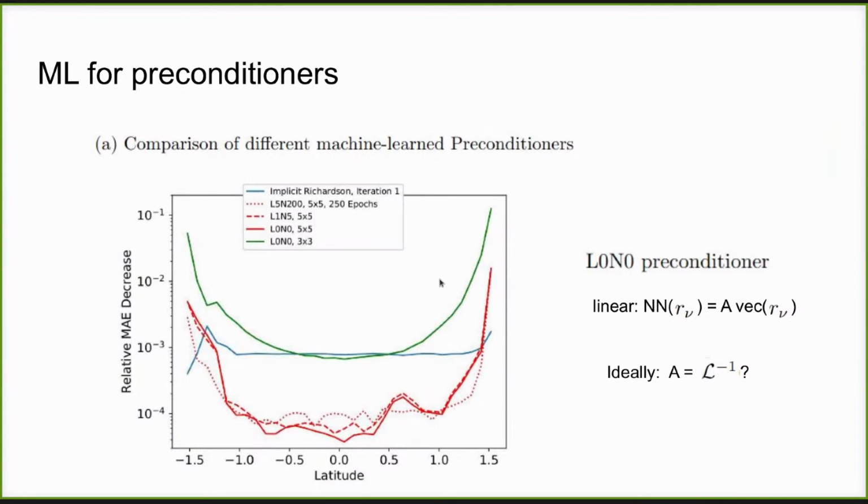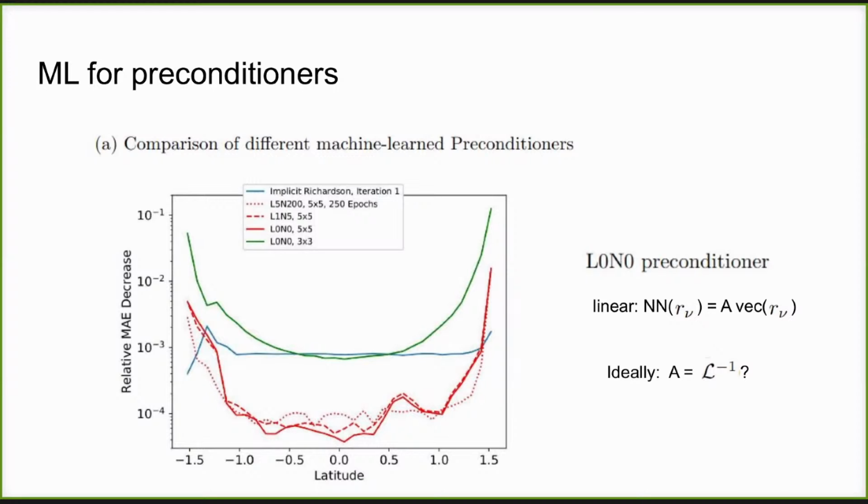And then you will see from the structure of this graph, they actually train different preconditioners for different latitudes of the grid. So this is a latitude-longitude grid, and the closer you get to the poles, the more these grid points converge towards a singular point. So there's distortion.